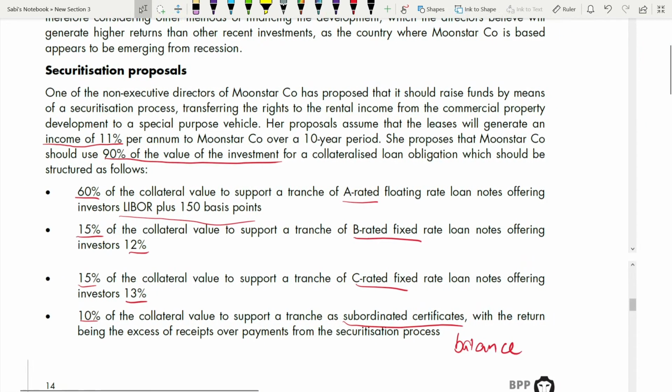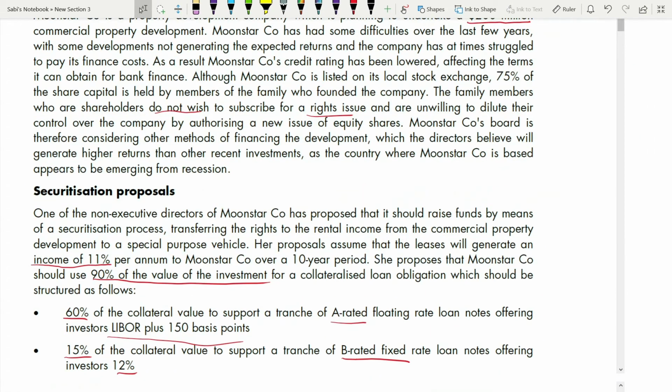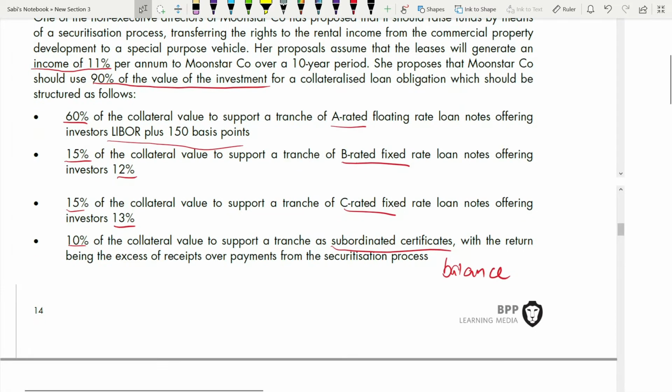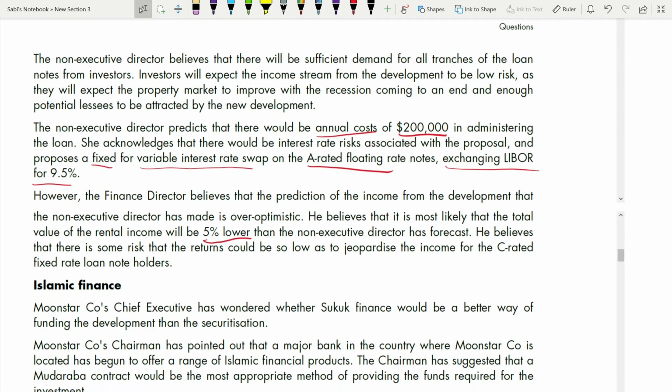You take 90% of 200 and you get 180 million, because only 90% will be used.